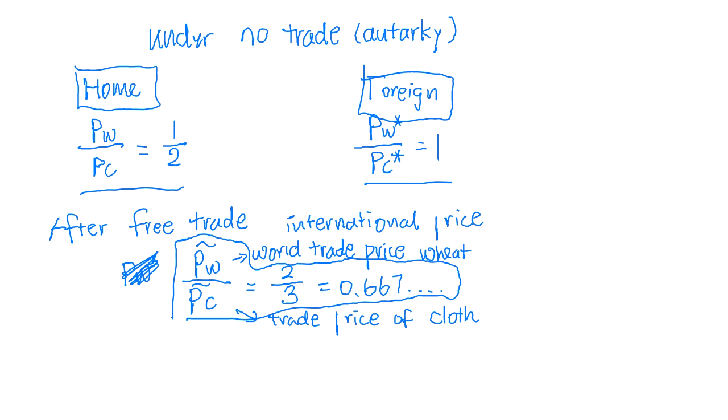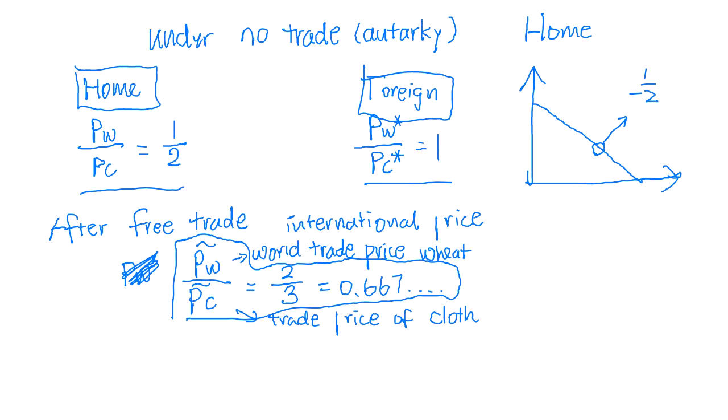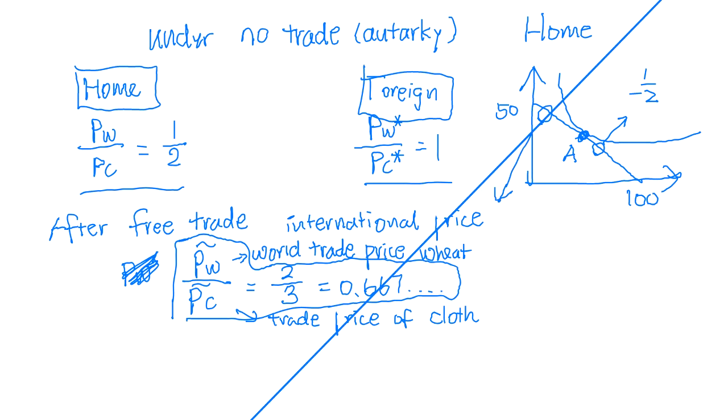So let's take a look at the home country first. Originally, I have my production point and my consumption point in A. I told you the slope of the production.